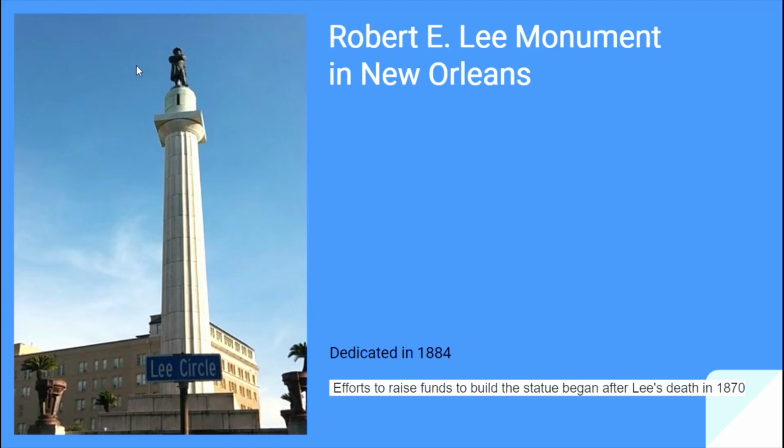The monument had a public dedication ceremony in 1884 in New Orleans. The ceremony was a big deal. It was held on George Washington's birthday. Jefferson Davis, the former Confederate president, was in attendance, as were two of Robert E. Lee's daughters.